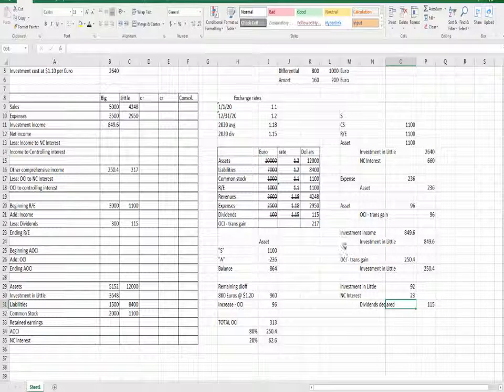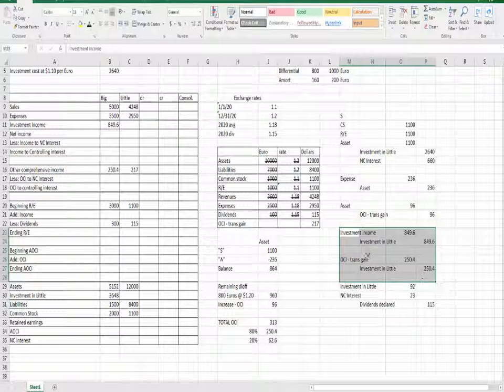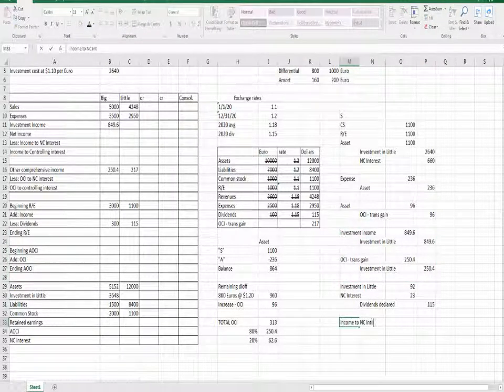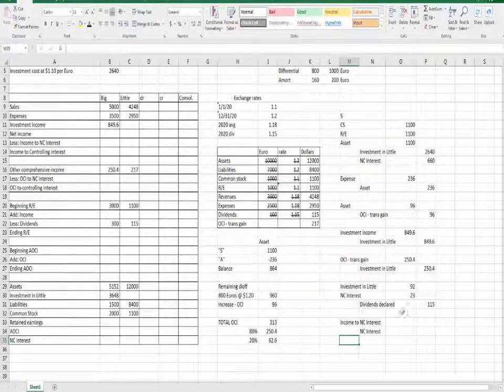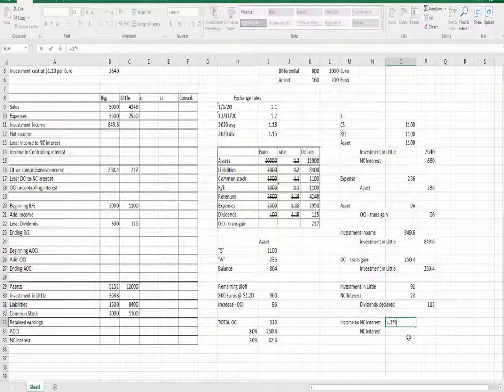Okay, lastly, we have our income to the non-controlling shareholders. And the structure is going to be exactly like this. We're going to allocate to them a portion of the regular income, and we're going to allocate to them a portion of the translation gain. So the income to the non-controlling interest for the regular income. Now, how much regular income is there? Well, again, they get 20% of the subsidiary's adjusted, realized earnings.